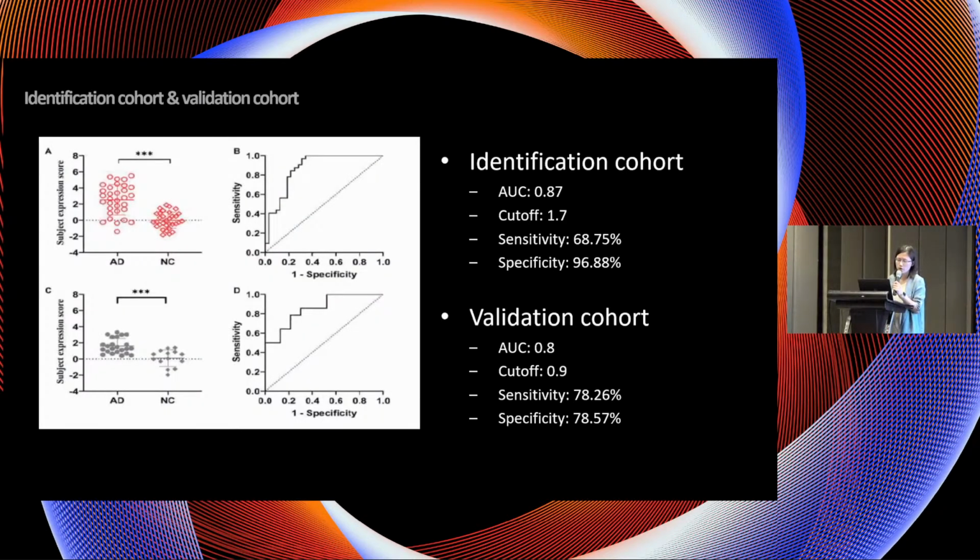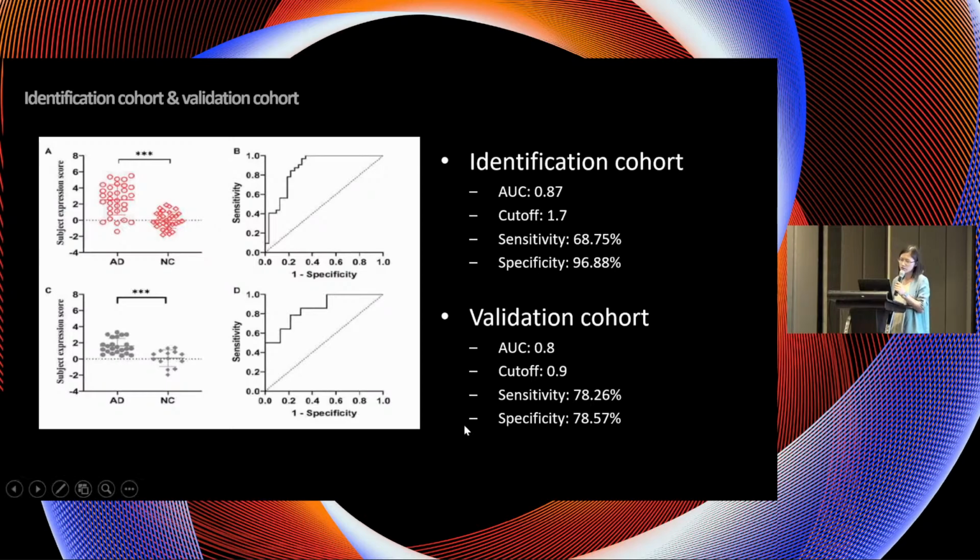We also enrolled another independent cohort for identification of ADRP and for validation of ADRP expression. We can see that subject expression scores in AD are higher than HCs in both the identification cohort and validation cohort.